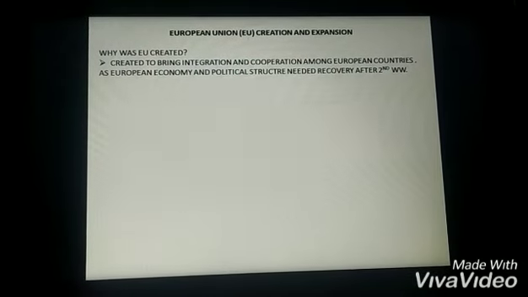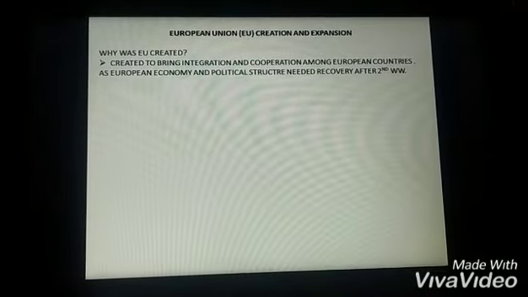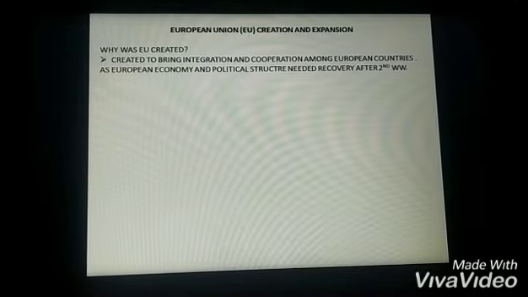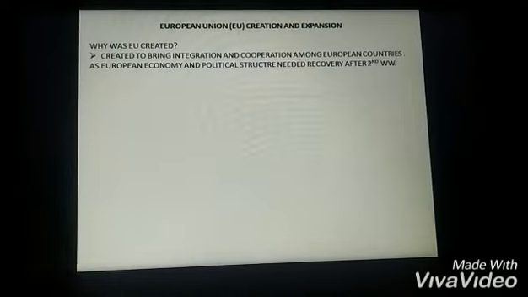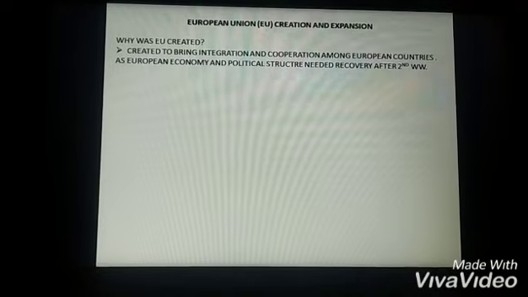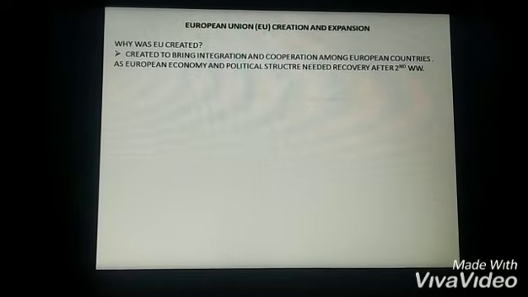As we all know, war involves many things, like our economy, our human resources, and many other things. Now, by getting involved in the Second World War, many of the European countries were left shattered in their economic structure and political structure, in both things.